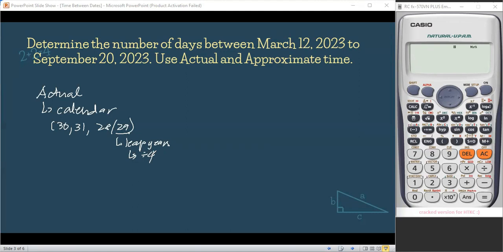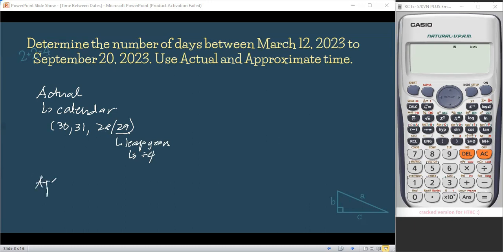Yes, it is because 28 is divisible by 4. So kapag yung last two digits po again is divisible by 4, that is a leap year. So years po other than the ones that are divisible by 4, regular year lang po sila. Ang gagamitin po natin sa February is 28.